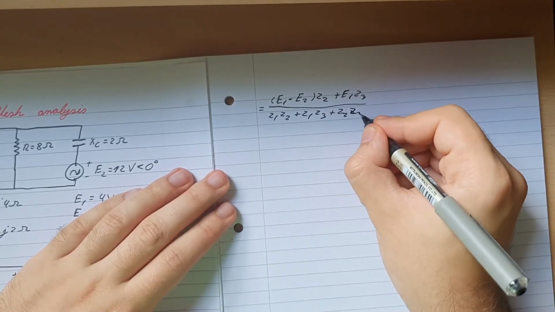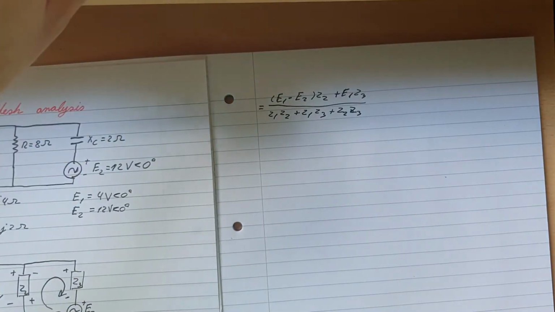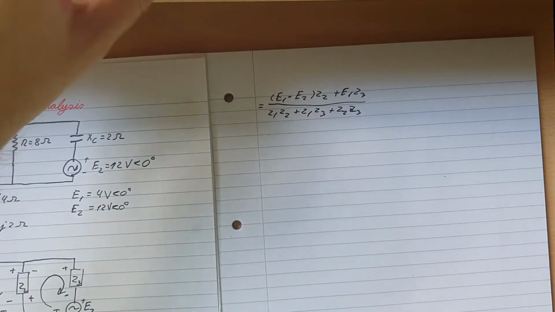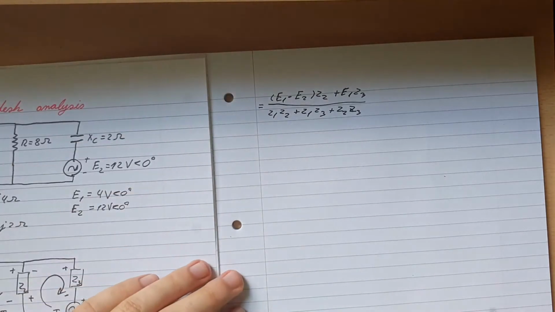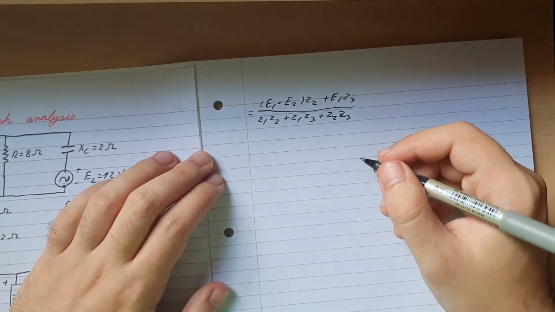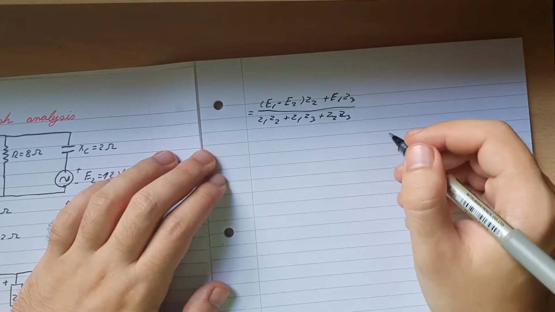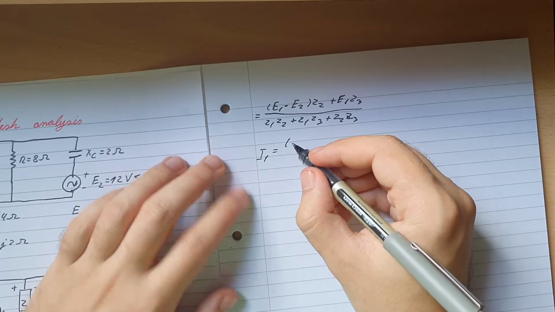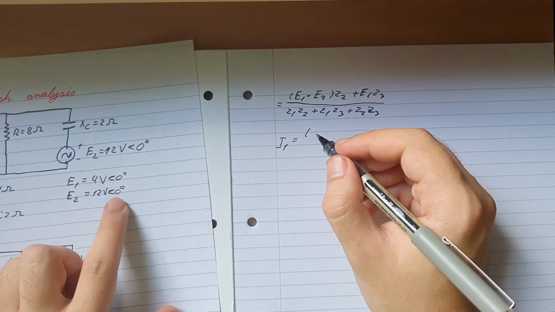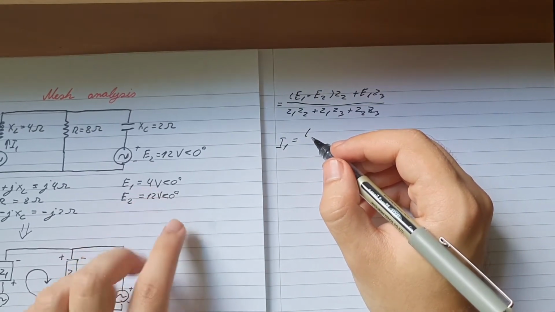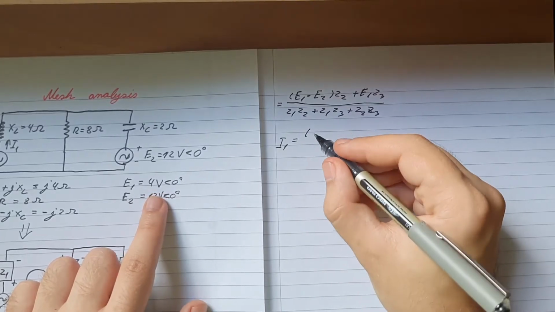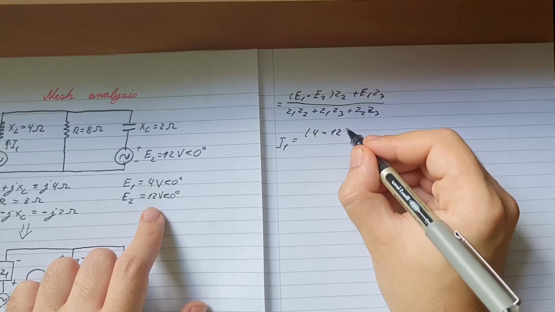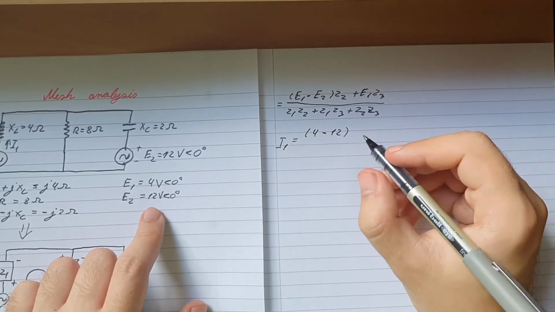Alright, now this will be the hard part, which is the calculation part, but this is still an easy variation because there aren't too many phases coming in. So I1 will be equal to E1, that's 4 volts, you can see it here. E1 is 4 volts, E2 is minus 12, both of them on phase 0.